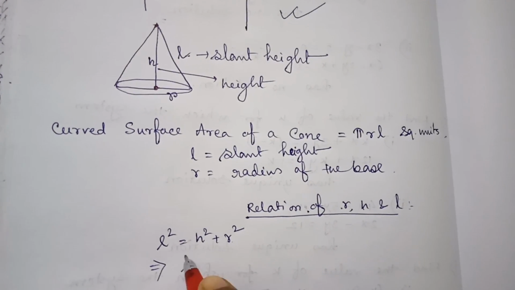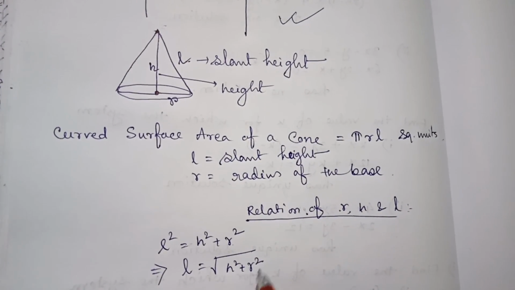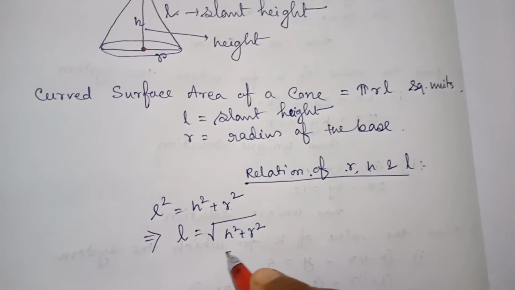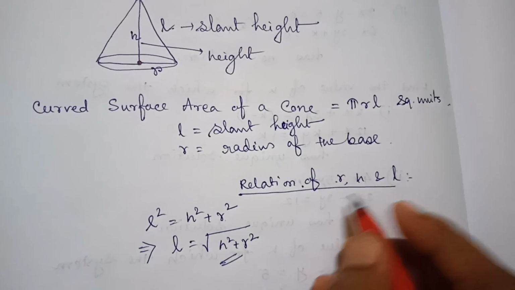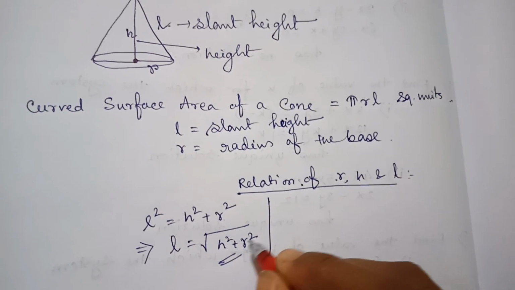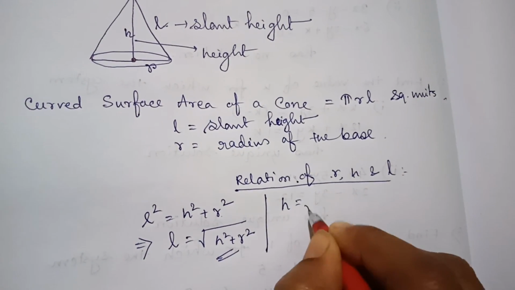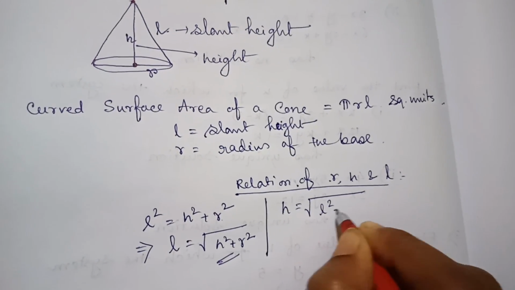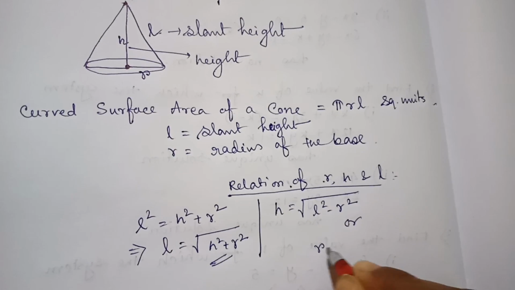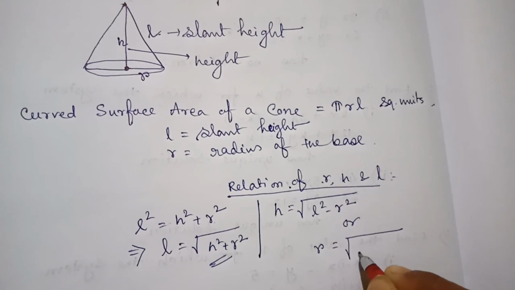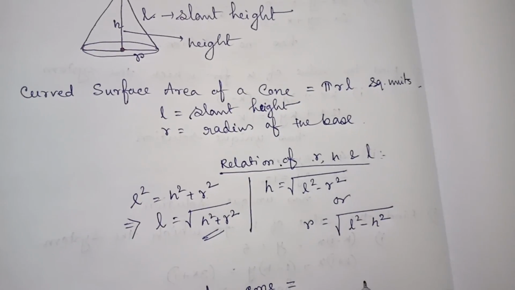That means l equals root over of h square plus r square. So this is the relation among r, h and l. Or if you want to find h, then h will be root over of l square minus r square. Or if you want to find r, then it will be root over of l square minus h square.